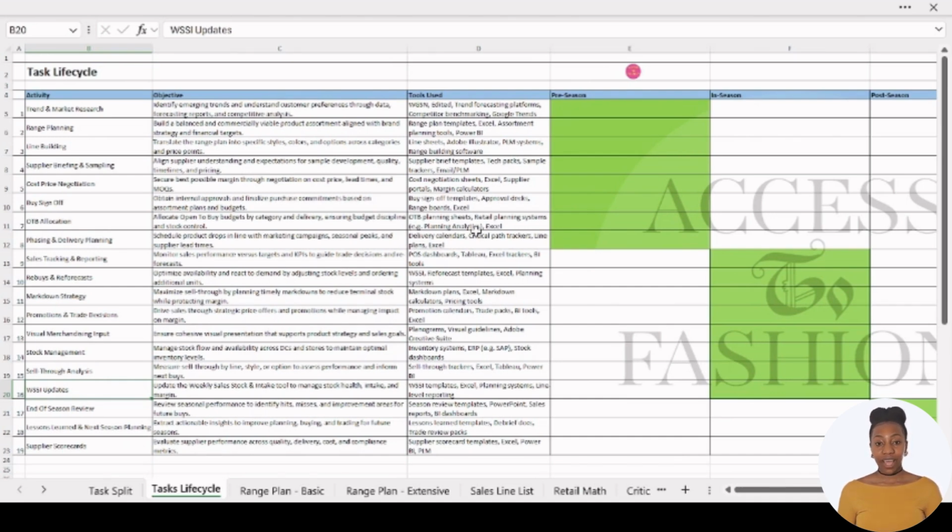Lastly, we have Wizzy updates. The objective of that is to update the weekly sales stock and intake tool and to manage your stock health, your intake and your margins still. That would happen weekly. You'll always be looking at your Wizzy and updating it too.